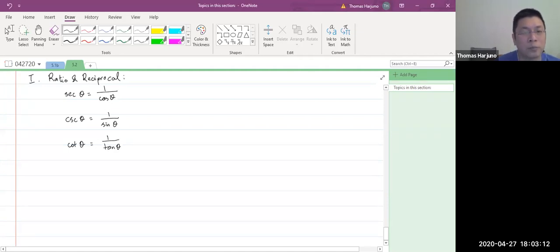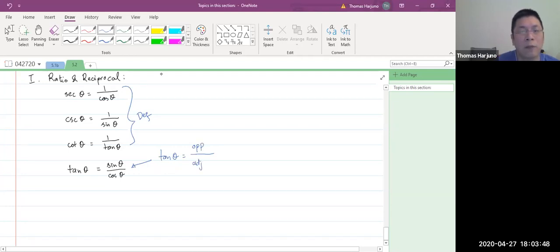While tangent theta is basically sine theta over cosine theta. Okay, I think there's nothing to prove here, because these three here are basically definitions, and the one we have here, you see that tangent theta is supposed to be opposite over adjacent.